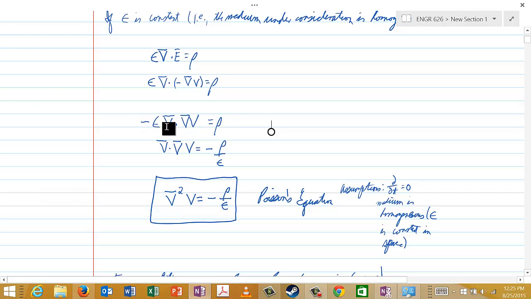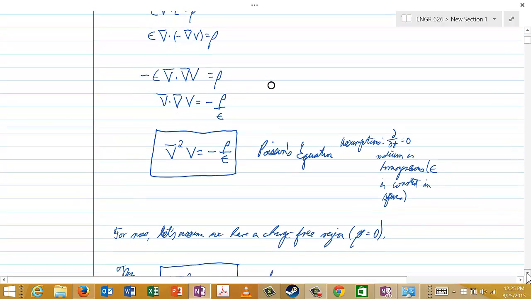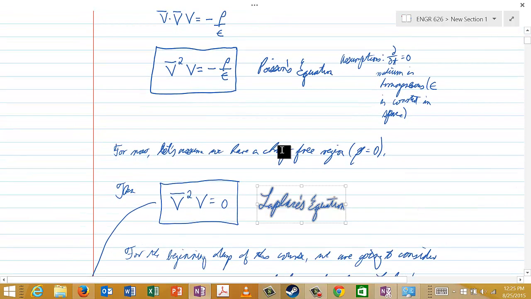And so if we bring the minus epsilon over to the other side of the equation, then we get this equation that says the divergence of the gradient of V is equal to minus rho over epsilon, and the divergence of the gradient of V is the same thing as del squared V. This operator del squared is called the Laplacian operator, and so the Laplacian operator operating on V, the electrostatic potential, is equal to minus rho over epsilon.